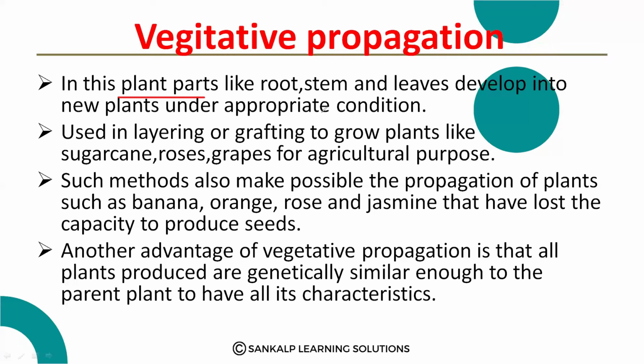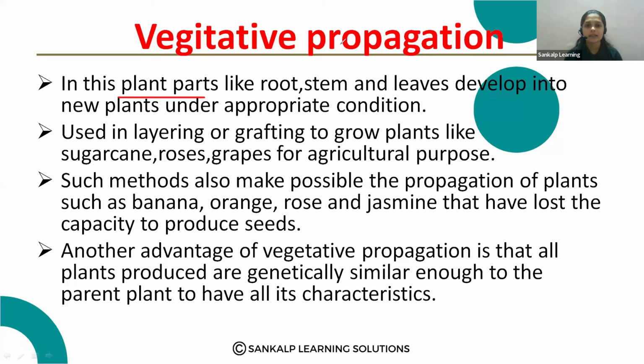Then in many types of plants you can observe, like hibiscus. Just look around your house, you can observe many types of plants. They are not able to produce seeds, but they can propagate through different body parts, right?